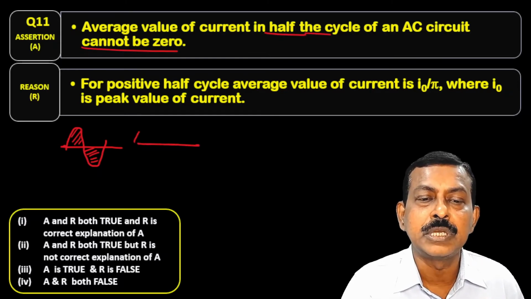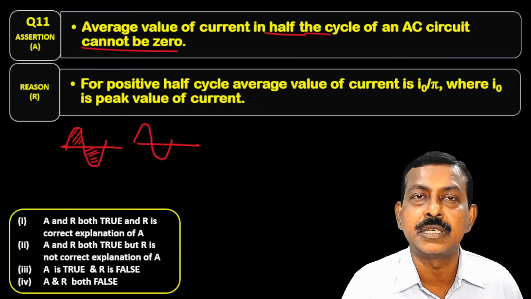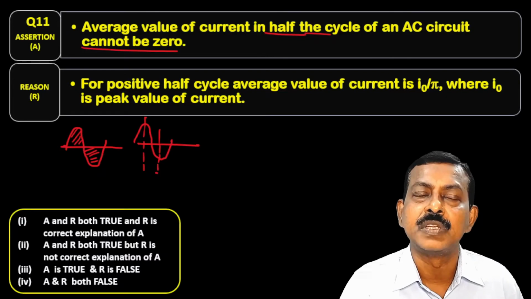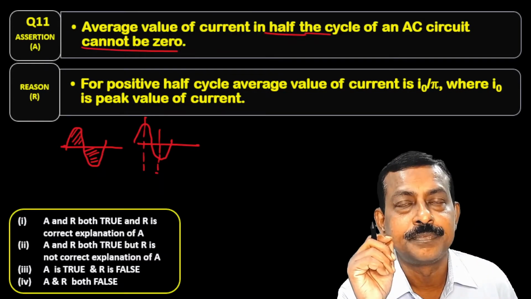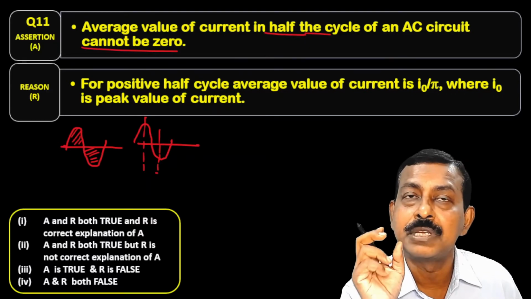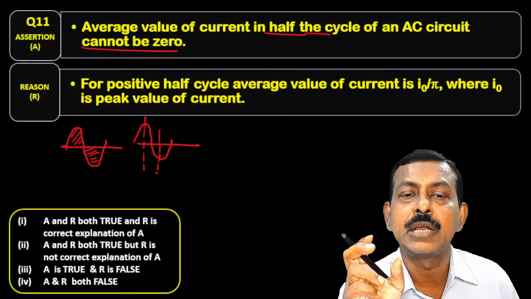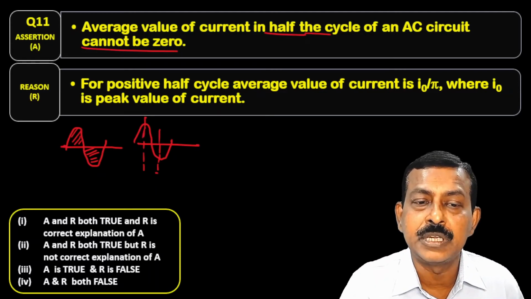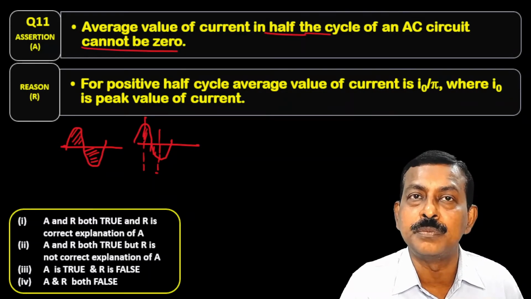But suppose if I have an AC here, and if I take from this point to this point, this is also half cycle. That means it is from this peak value to this one. This is also having half time period, or half of the cycle. But in this one, if you consider the average value, in that case this will be 0.